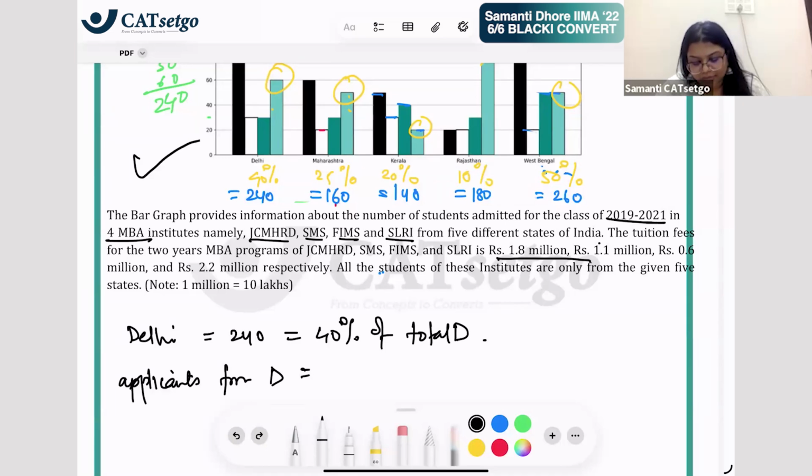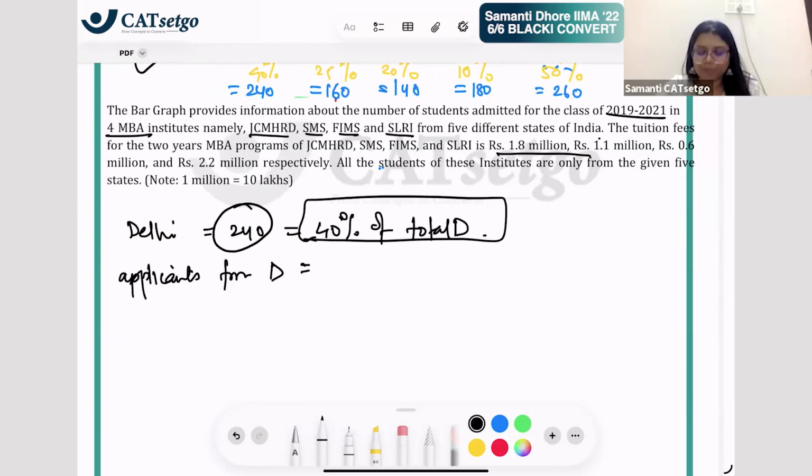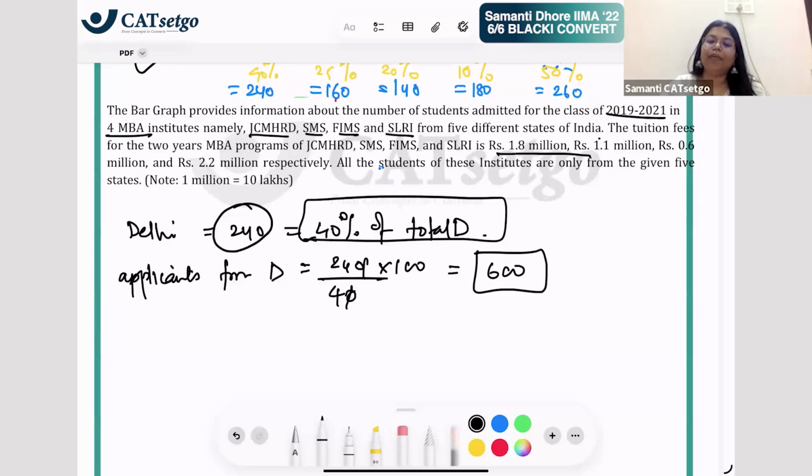The question tells us that 40% of the total people who had applied had gotten admitted, right? So who had gotten admitted is 240. So 40% of the total applicants were 240, right? So what was the total applicant pool? It was 240 divided by 40%. Fair? This is 600. There were 600 applicants, 40% of whom, that is 240 people, got admission somewhere or the other.